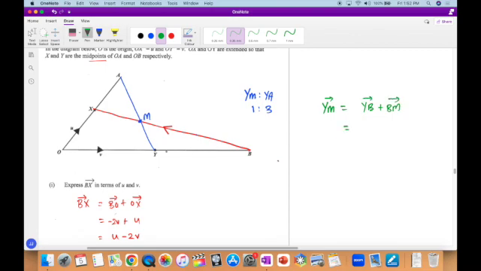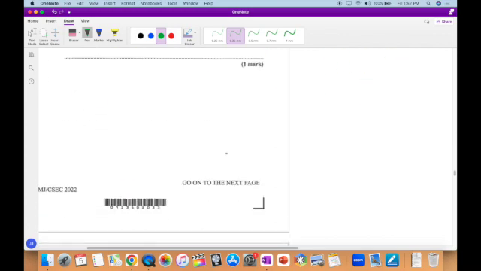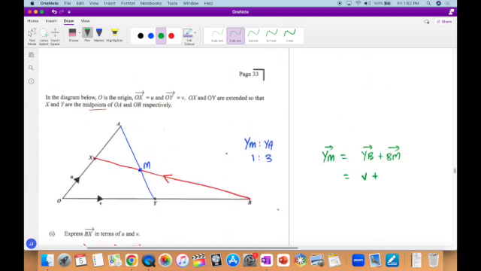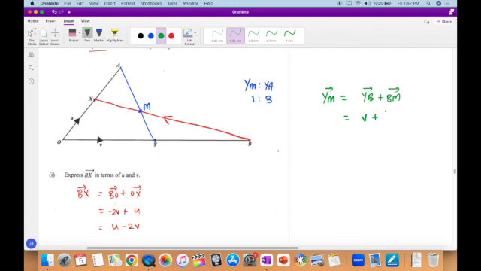We know that Y to B is V, plus B to M, which is 2/3 of U minus 2V. Let's see if we can simplify. Now we'll probably have to multiply it. So 2/3 U minus 2 2's are 4 on 3V.